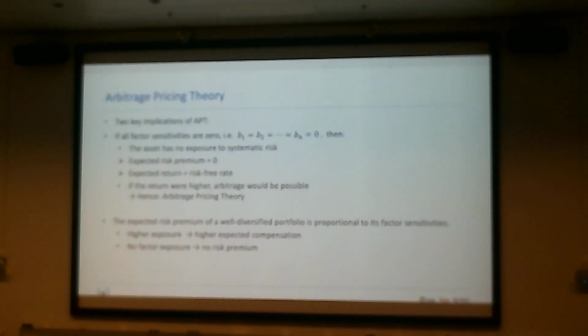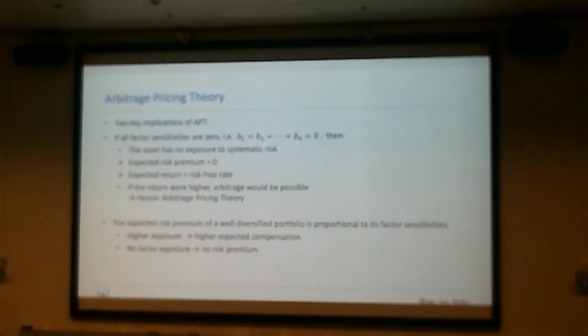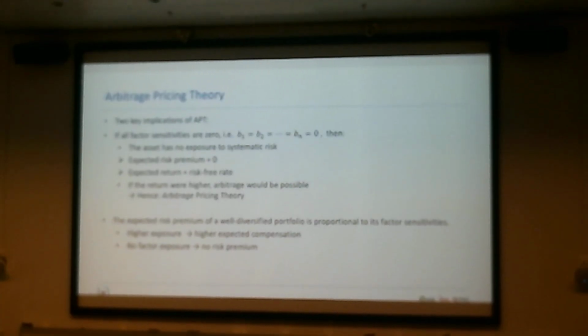Because here we're only talking about systematic risk. Right? So if you have a higher exposure to risk factors, then you expect a higher compensation. Again, always if you take on more risk, you expect a higher compensation. And if you don't have any factor exposure, then there's no risk premium. I mean, this is basically the first point. If there's no factor exposure, means you're not exposed to any kind of risk, then it's basically the risk-free asset, and then you expect the risk-free rate as a return.